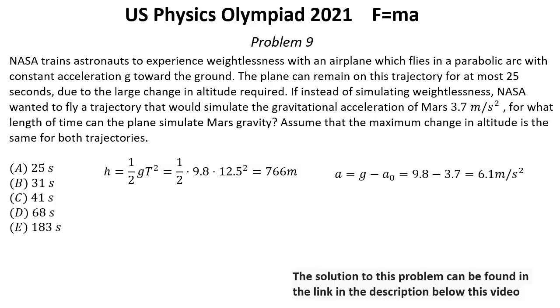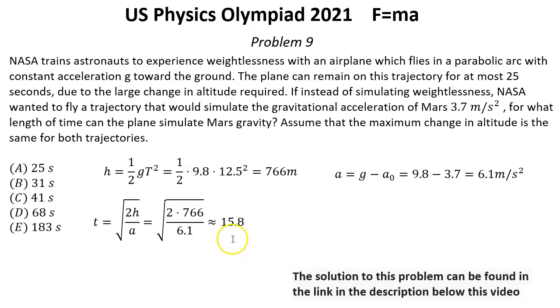After that we can find which acceleration the airplane needs to use to simulate the acceleration of gravity on Mars. That will be a equals g minus a0, where a0 is the gravitational acceleration on Mars. So that will be 6.1 meters per second squared. And now we can calculate the total time for motion up. That will be this expression.